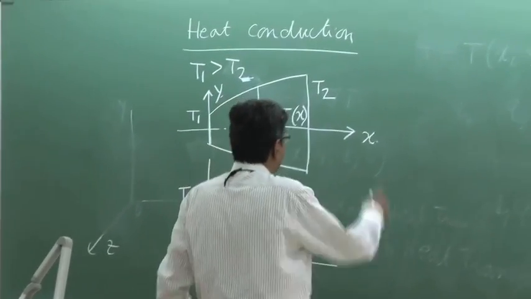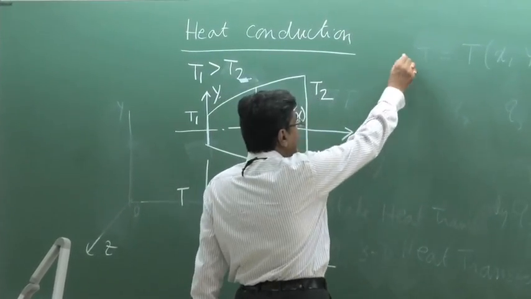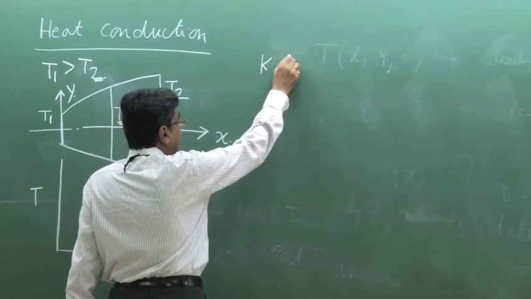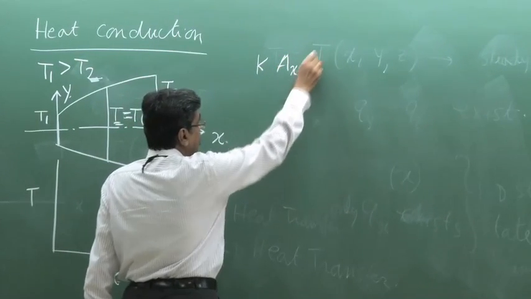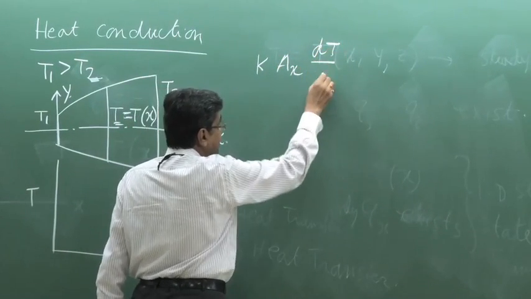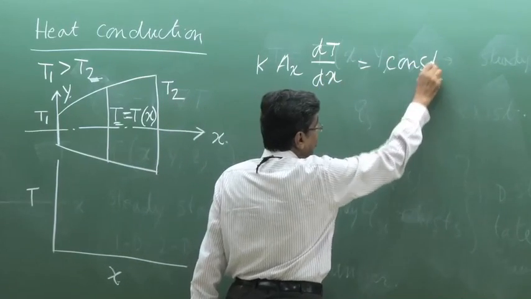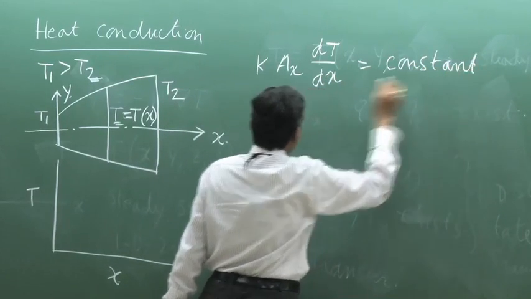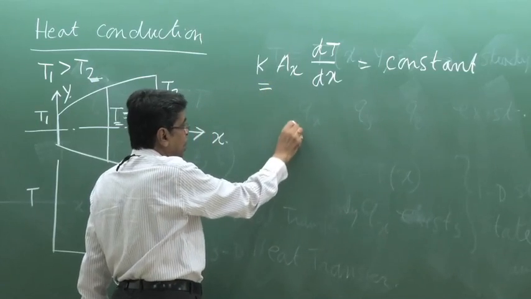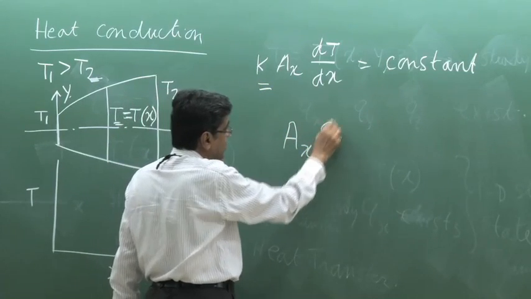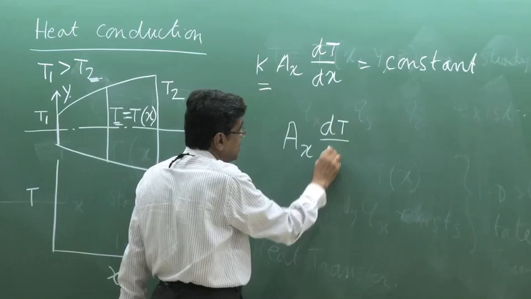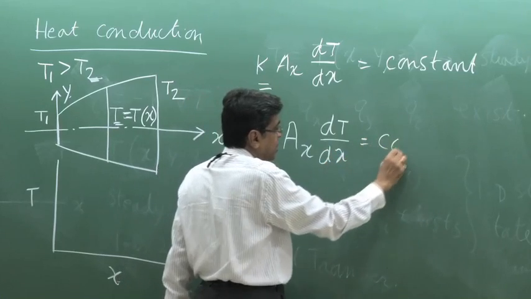So in this case, I know my basic equation for steady state is kA dT/dx equals constant. Now if k is constant, which we will assume here, A dT/dx is constant.